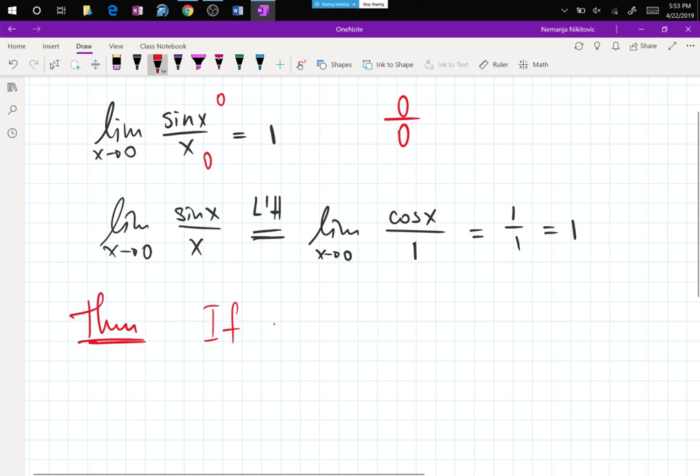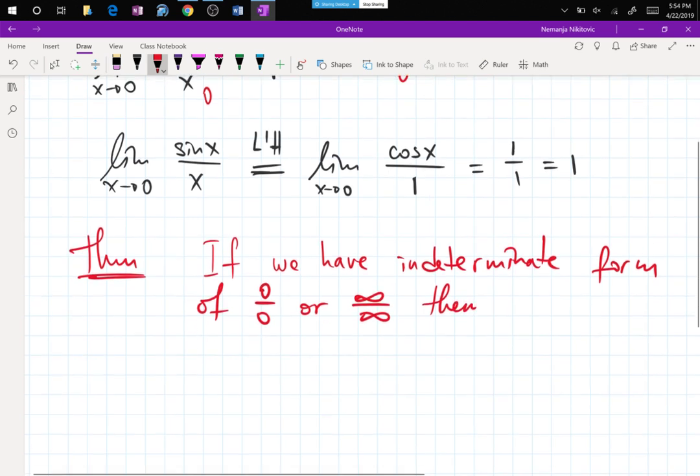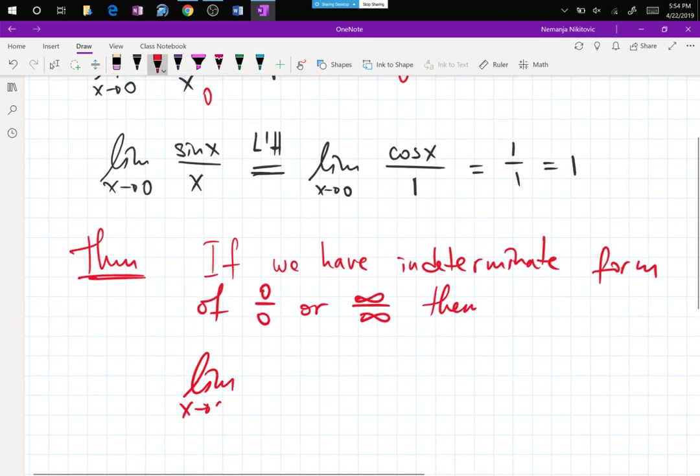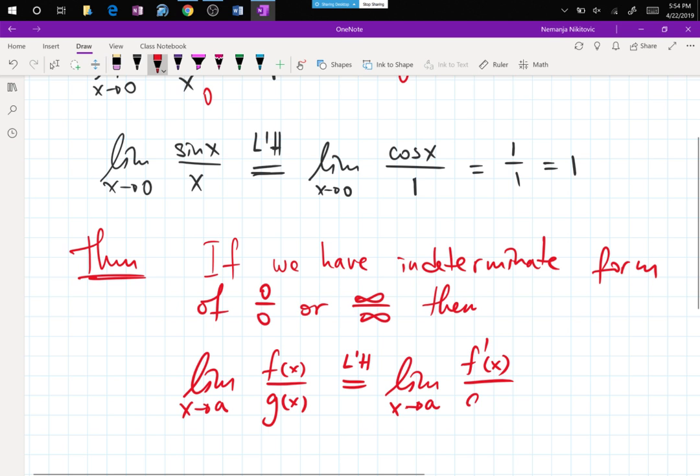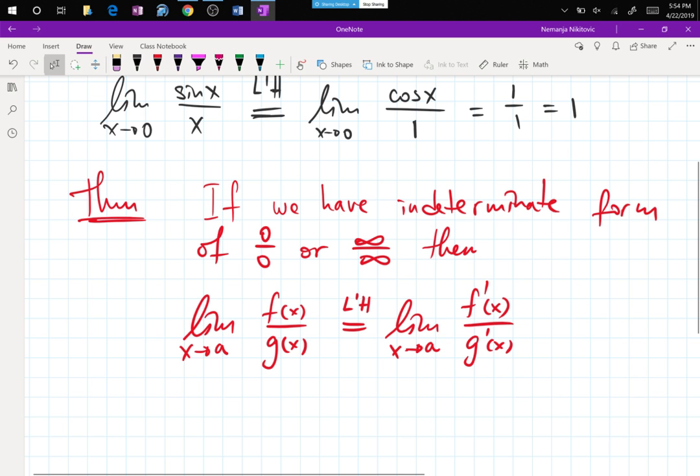If we have indeterminate form of 0 over 0 or infinity over infinity, then the limit as x goes to a of f of x divided by g of x is equal, and then you put the L'H up there, to the limit as x goes to a of f prime of x divided by g prime of x. So that's what we are working on.